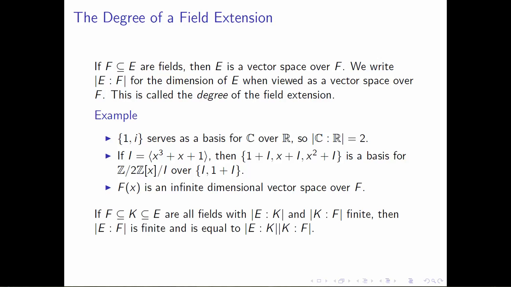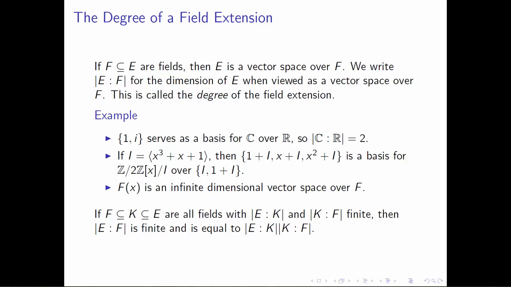Now, something that's hugely important, and something that you should have proved when you were working on your worksheet for vector spaces, is this. Let's say we have a tower of fields with 3 fields: F is contained in K is contained in E. They're all fields, and let's suppose that the degree of E over K and the degree of K over F are both finite.